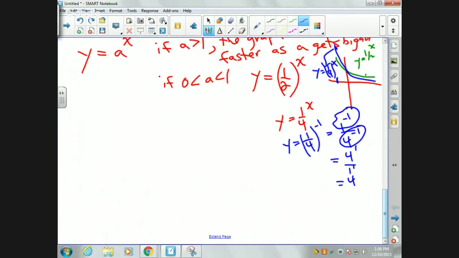The other thing that I want to talk about today, just very quickly, because we've done this a whole bunch already, is transformations.